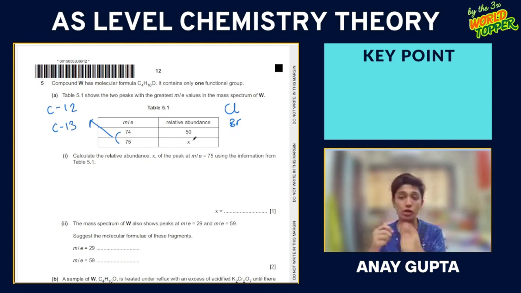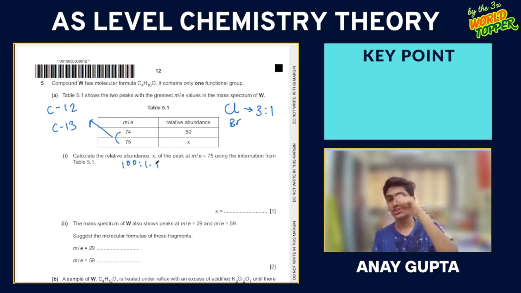And all of these have ratios. So chlorine, say, has a ratio of 3:1. So 35 has a ratio of 3, and 37 has a ratio of 1 in natural environments. Similarly, carbon-12 to carbon-13, the ratio in the environment of both of these isotopes is 100 to 1.1. So there's a 1.1% chance that a carbon-13 atom exists as compared to 100% chance of a carbon-12 atom existing.